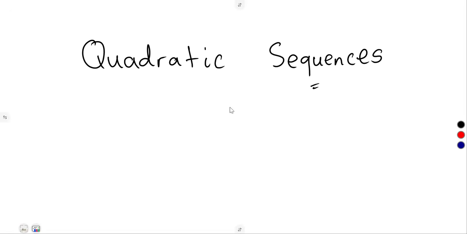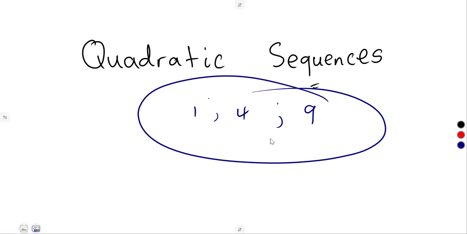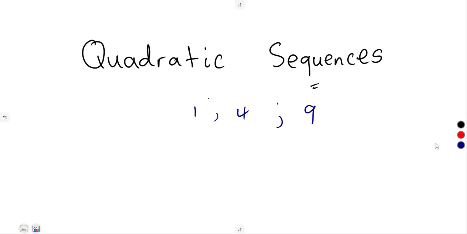Let's take an example of perfect squares: 1 squared, which is 1, 2 squared, which is 4, 3 squared, which is 9, where there is no common difference between these terms. So it is not only about not having the common difference. The major thing is that when there is no common difference, you find what is called the second difference.